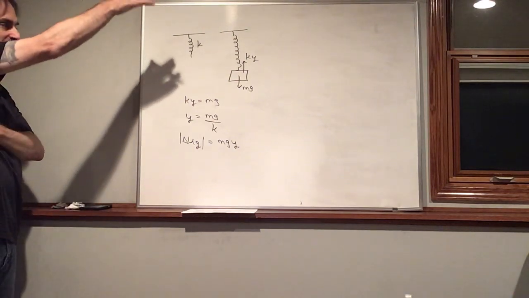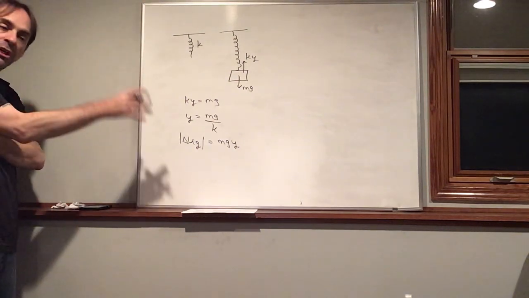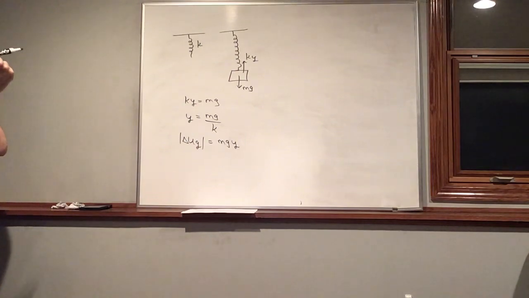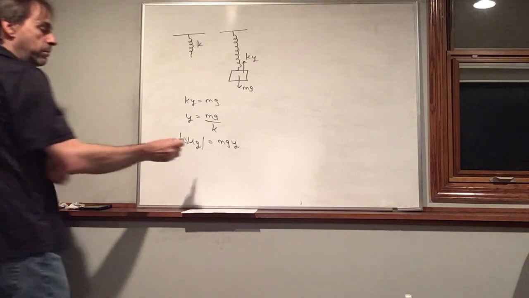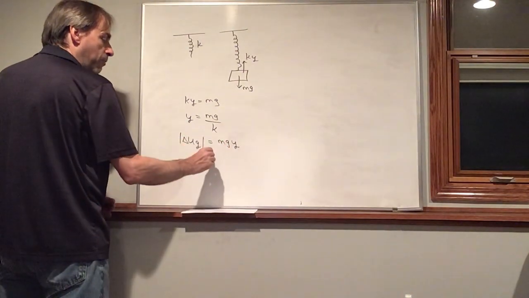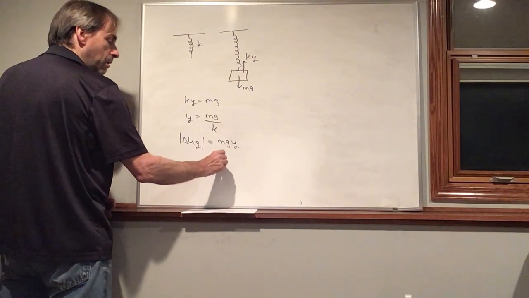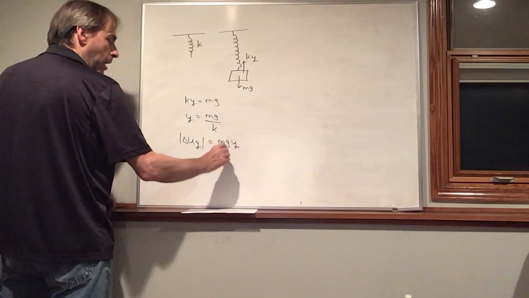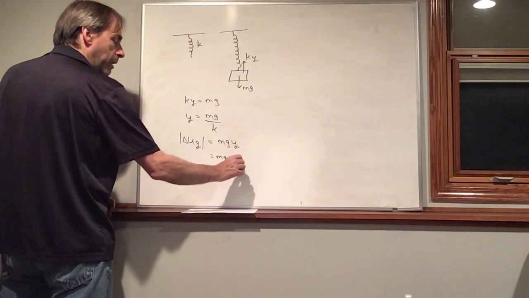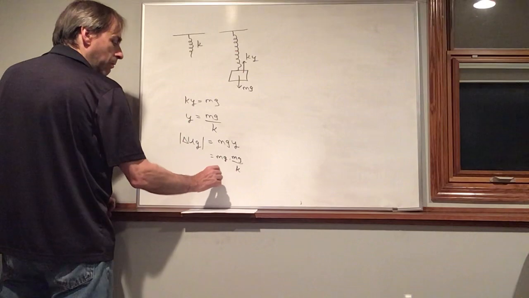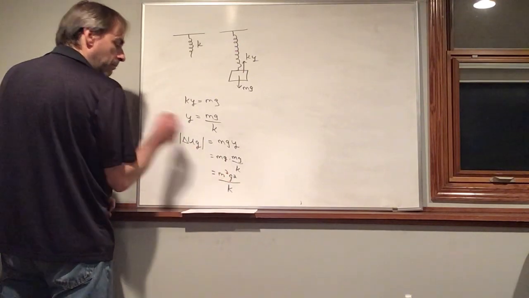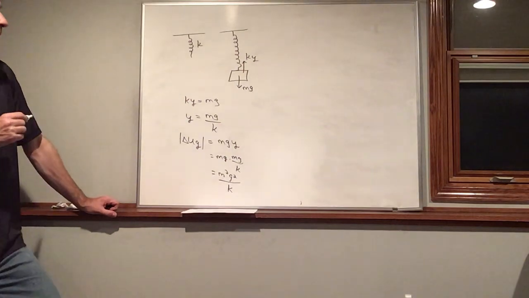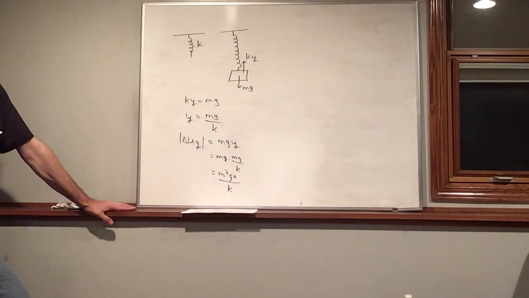And so that's the distance this mass fell. So it's losing potential energy as it does so. And so that's mgy. If we plug in y equal to mg over k, we get m squared g squared over k. So that's the loss of gravitational potential energy.